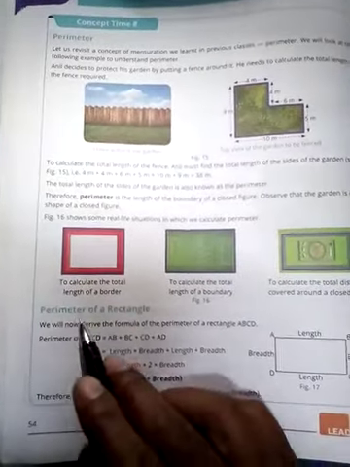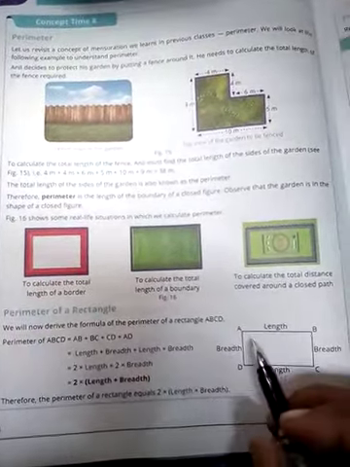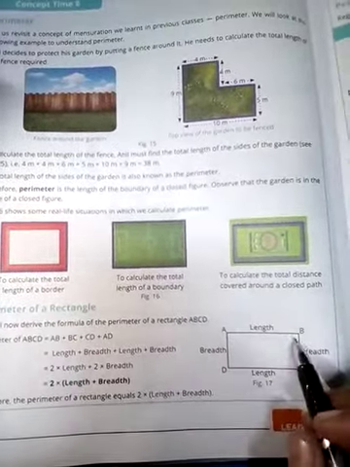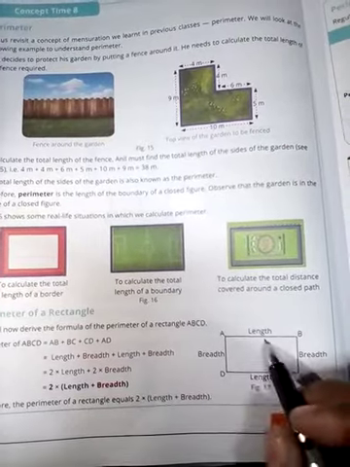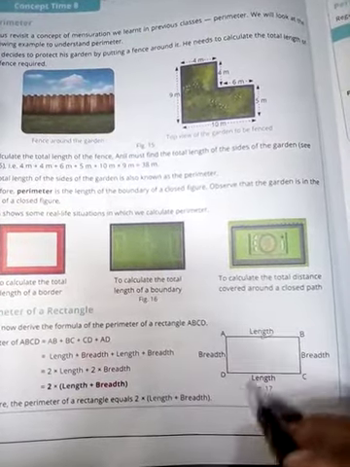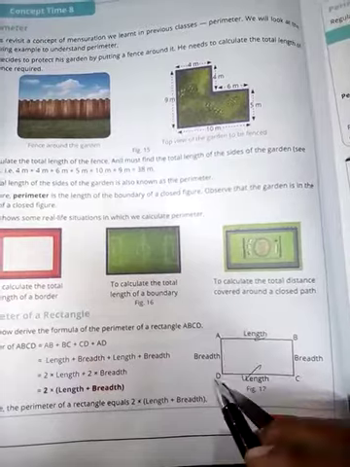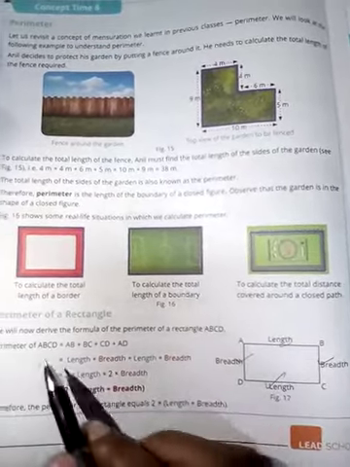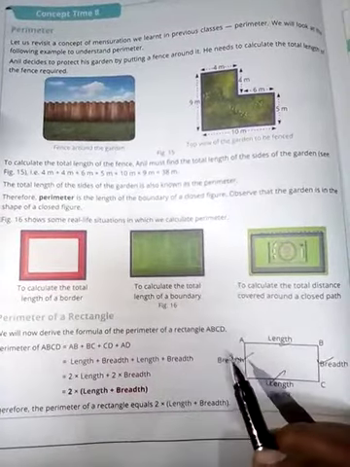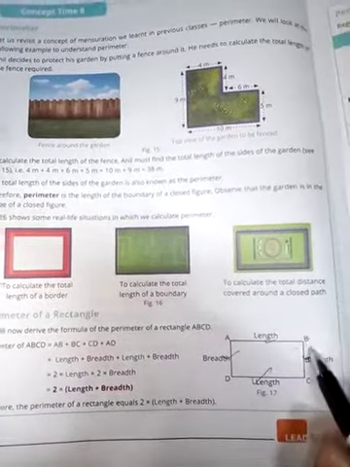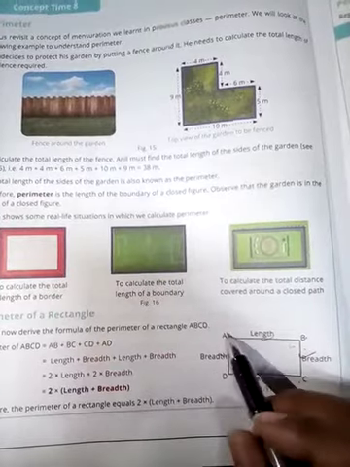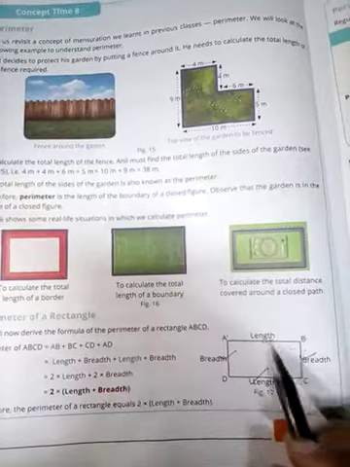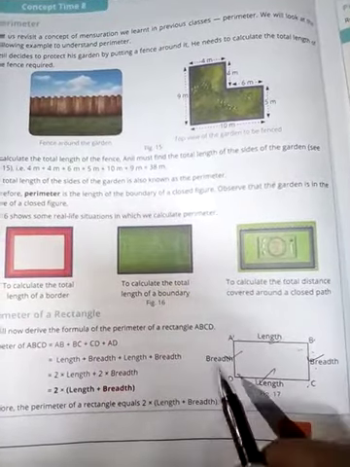So the perimeter of a rectangle: it has length and breadth. In this figure ABCD, AB is the length and it is equal to CD, and AD and BC will be the breadth. So perimeter of ABCD means the sum of all sides, AB plus BC plus CD plus DA, which is length plus breadth plus length plus breadth.